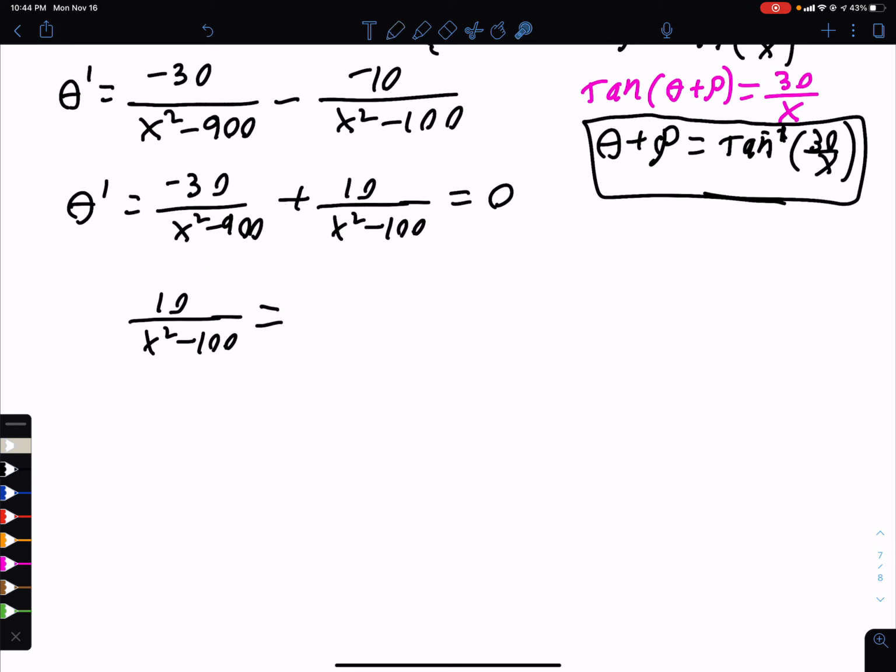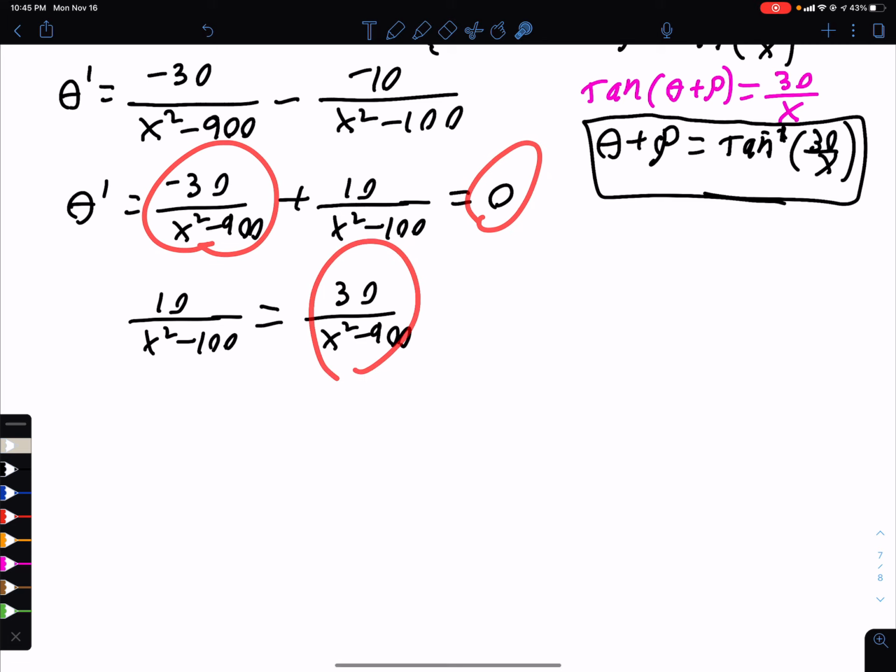So I'm going to add this to the other side. I want to copy and not cut that. So I add this to both sides, you end up with that.